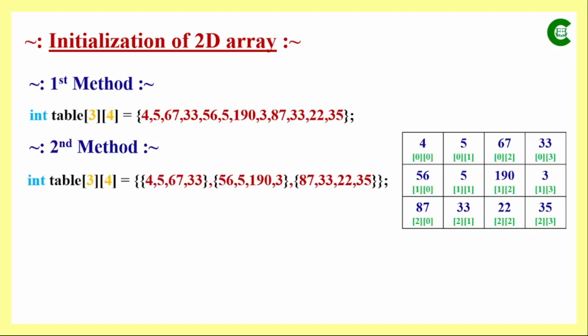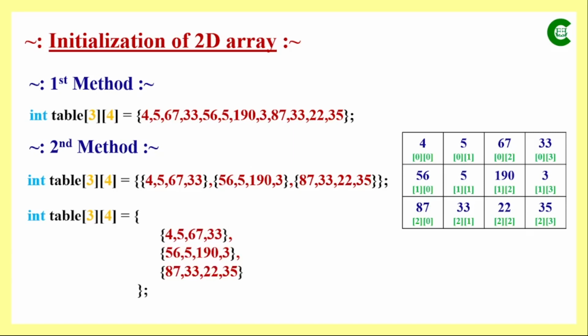Now we have another method where we specify all the elements row wise. Here you can see that within the opening and closing braces, all the elements of a particular row are again enclosed within one set of opening and closing braces, and those sets of braces are also separated by commas from each other, and within each set all the elements of a particular row are also separated by commas.